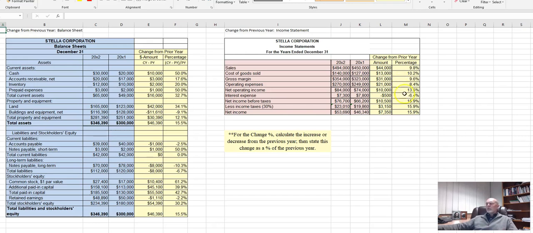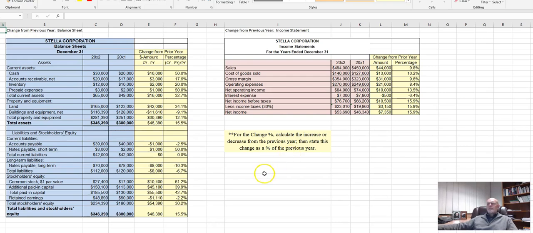However, some expenses did not grow as fast, and we can see down at the bottom that our net income actually grew by almost 16% over the previous year. So again, the percentage change allows you to compare the most recent year to the previous year, and get a sense of how things are changing over time.